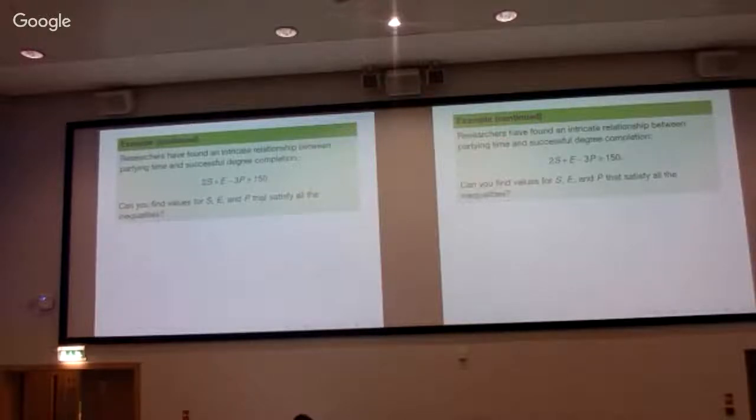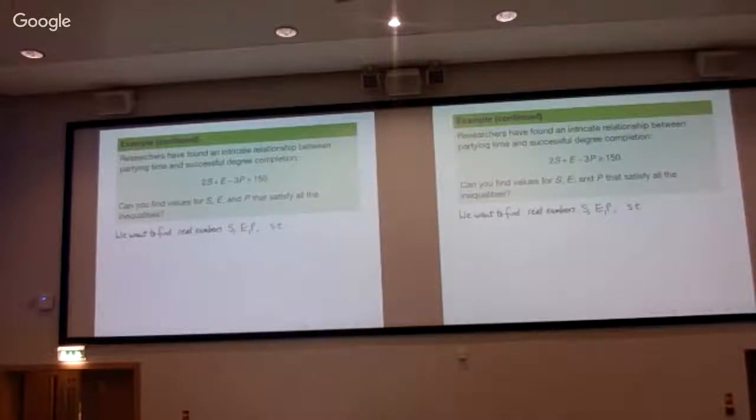We want to find real numbers S, E, and P. So S, E, and P are your decision variables, okay? And which satisfy the following.